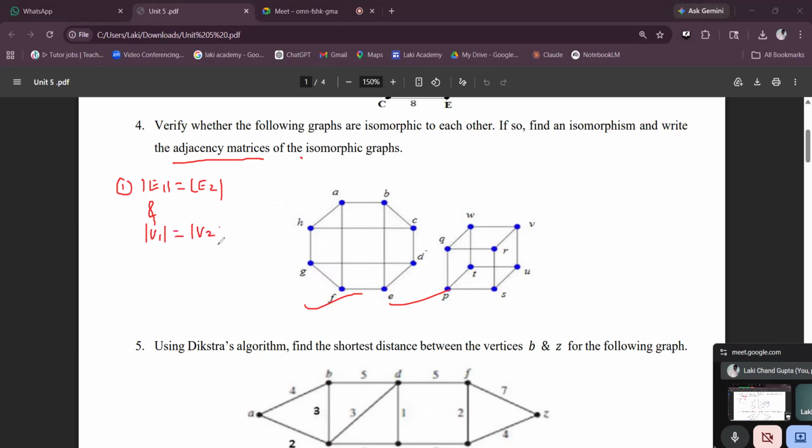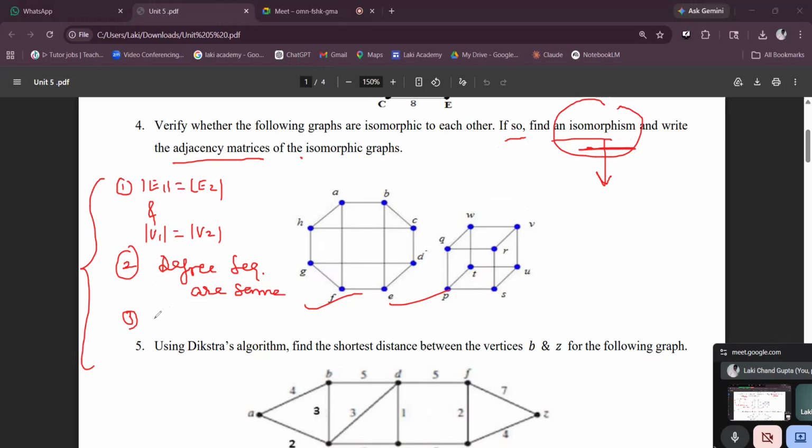This is the first condition. The second condition is that the degree sequences are the same. Third, if so, find an isomorphism. Isomorphism means you have to write all the properties of isomorphism. Don't draw, because this is already given.